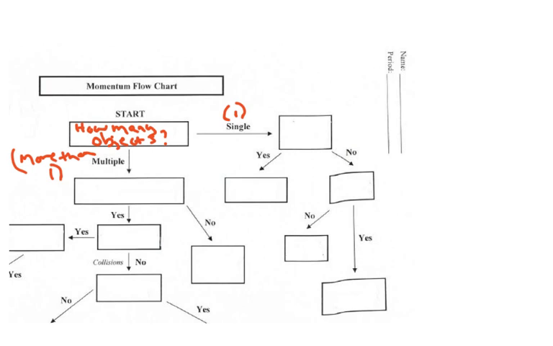Okay, so then if you have a single, what you want to ask first is is there a change in the velocity or a force? I'm sorry, I cannot write that small to fit in the box. Okay, so is there a force or a change in velocity?